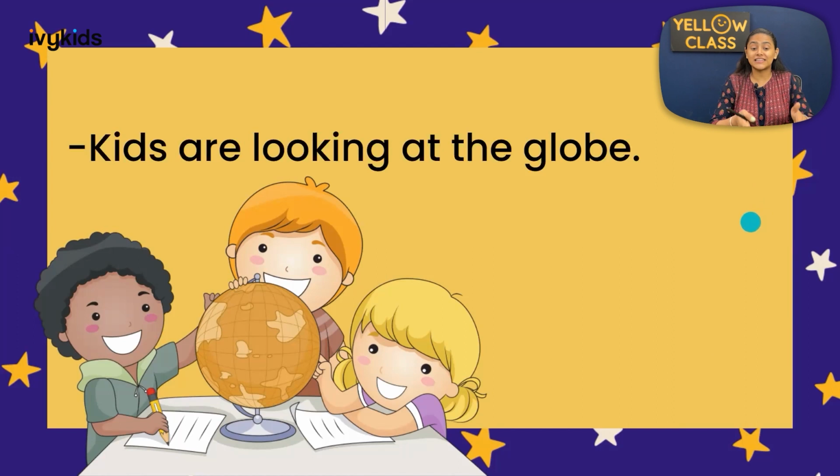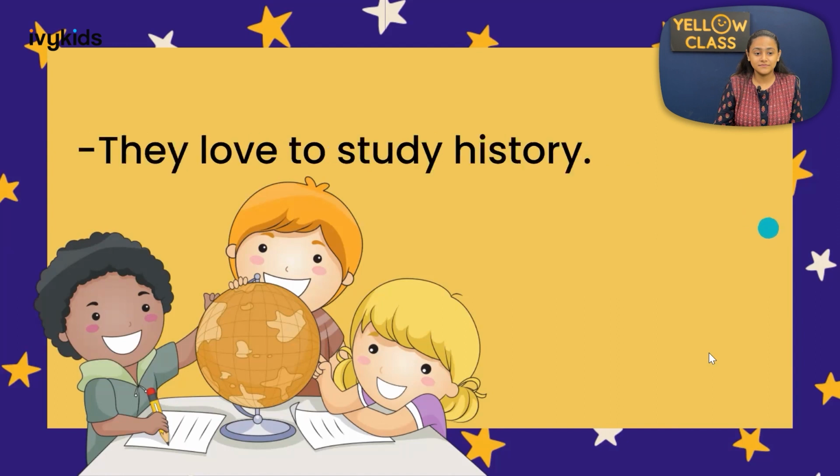We can also say that kids are looking at the globe. That is a globe, right? So they are looking at the globe. We can frame this sentence. We can say that they love to study history. They are enjoying the subject, SST, history.